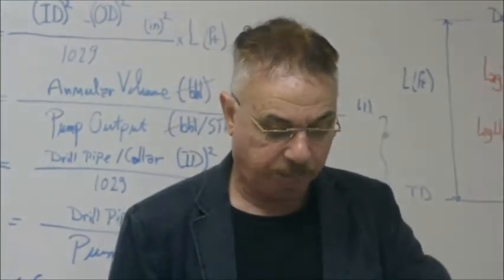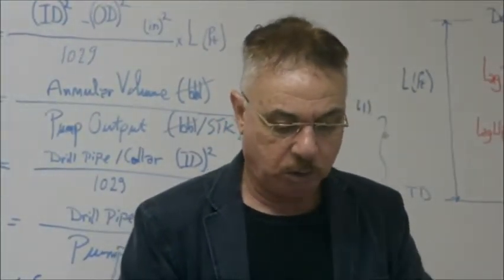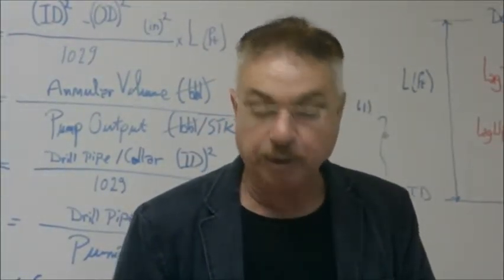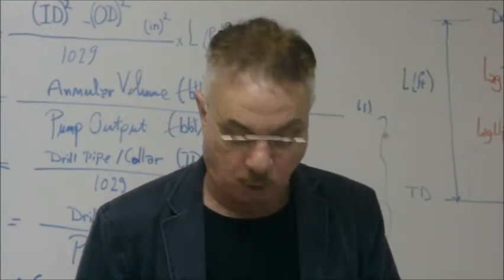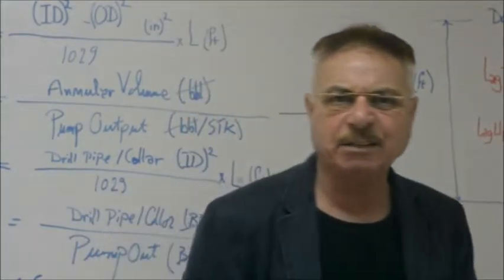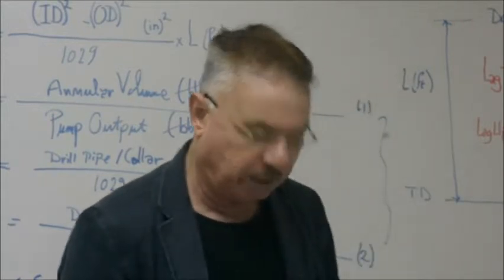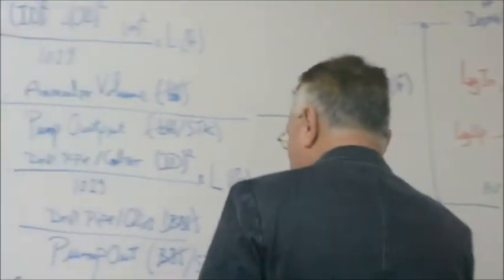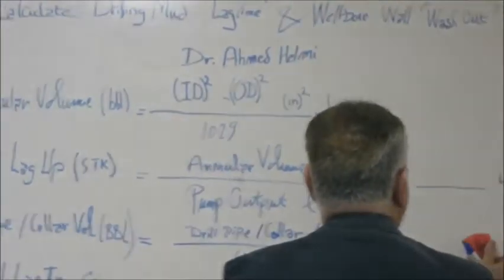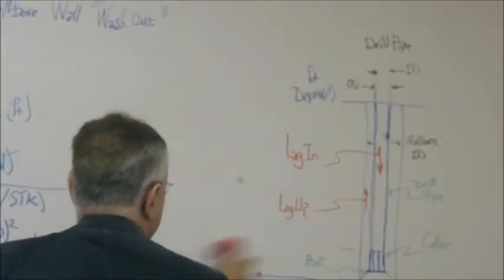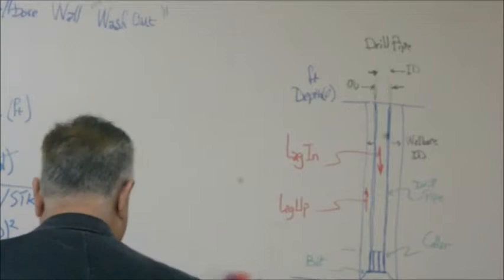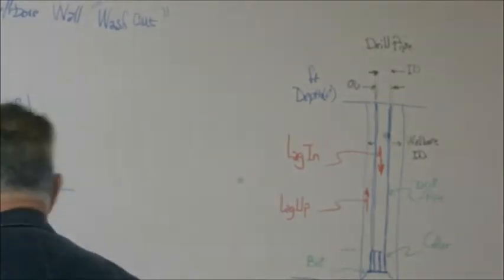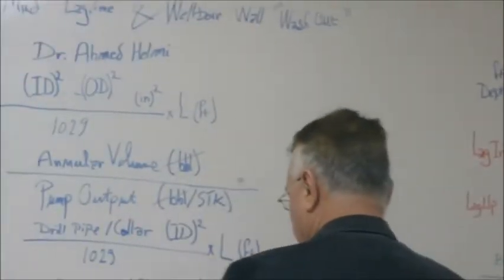Now it's time for how the conversion factor equals 1029, because it's not common, you cannot find it easily on the internet. The conversion factor is derived simply from the simplest equation here in this derivation.